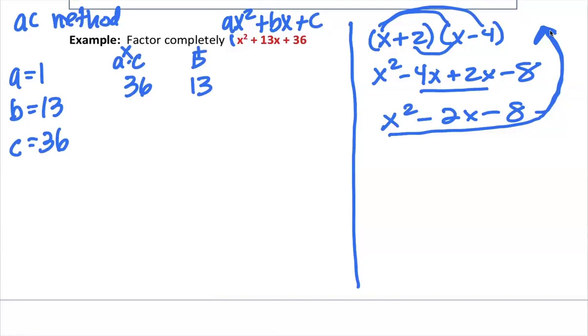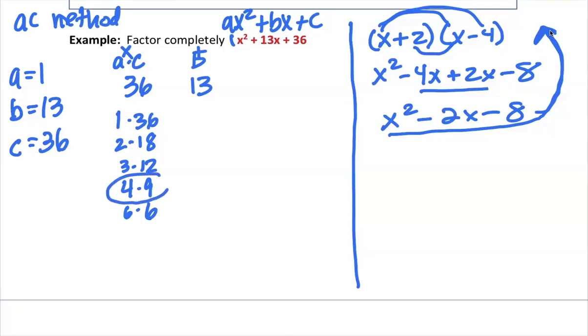So factors of 36: 1 times 36, 2 times 18, 3 times 12, 4 times 9, 6 times 6. Which one of these pairs would add to 13? Let's see. Yep, there's one.